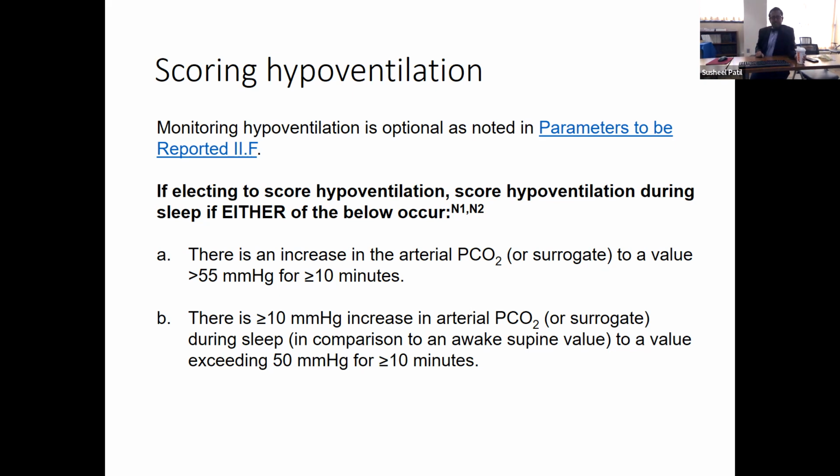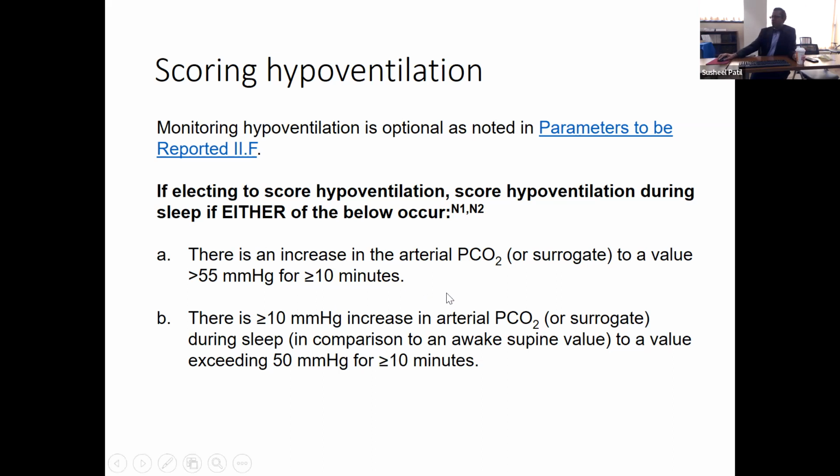And the second is that there's at least a 10 millimeter increase in the CO2 during sleep compared to an awake supine value, to a value exceeding 50 millimeters of mercury for at least 10 minutes. So if either of those criteria are there, you can call it hypoventilation.